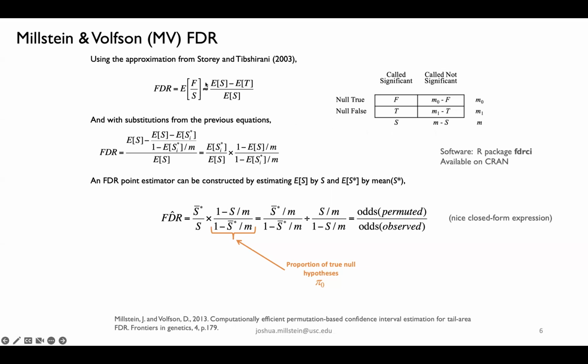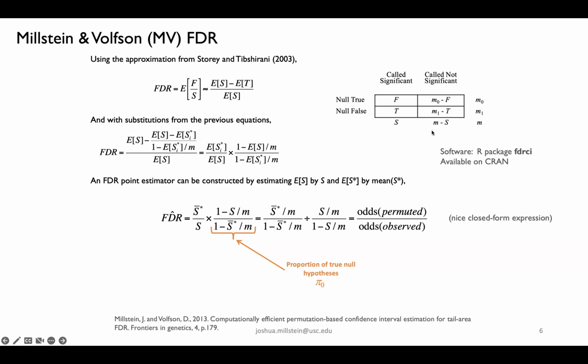We can use the definitions of S and T, so we can estimate the expected value of S by S itself, and we can use the permutations to estimate the expected value of T and F, essentially.